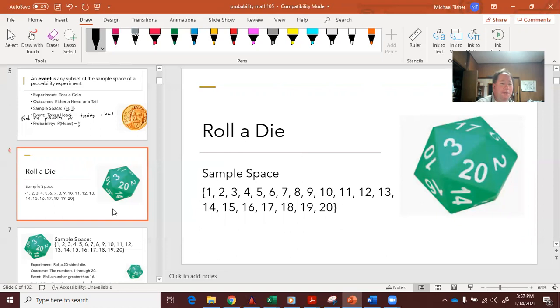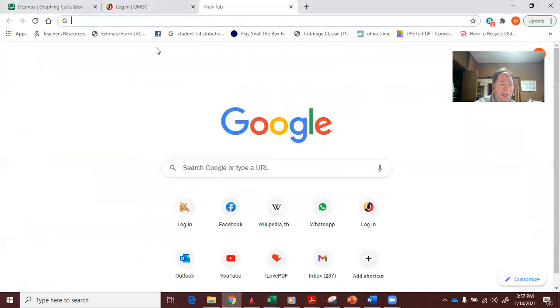In Dungeons and Dragons you might see this 20-sided die. Now we call that a... let me look this up. Let's find out what this is called. Let's go to Wikipedia.